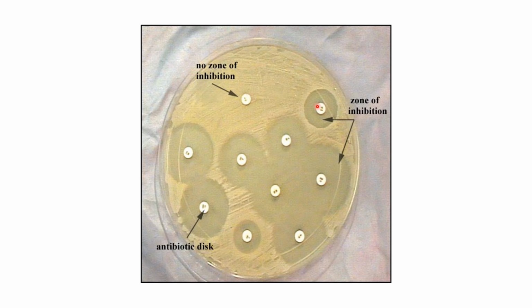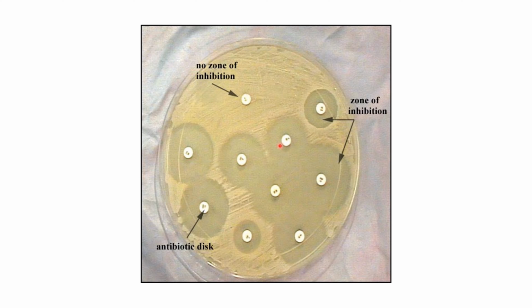In this diffusion method, what will happen? We already told that this disc will contain antibiotics. If the bacteria is susceptible to this antibiotic, what will happen? From the disc, the antibiotic will diffuse into the medium. You can see the antibiotic will diffuse into the medium.